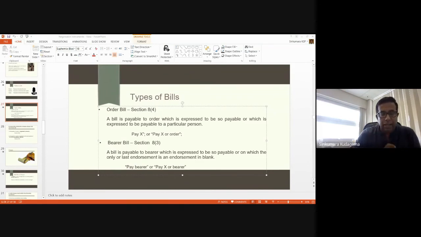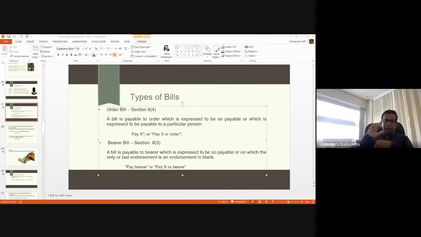A bill is said to be an order bill if the bill itself says that it's an order bill, or the bill is expressed to be payable to a particular person.